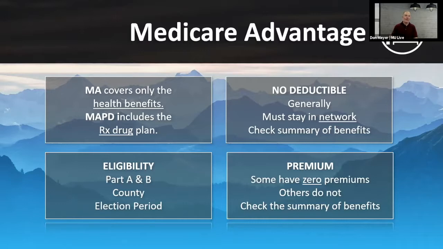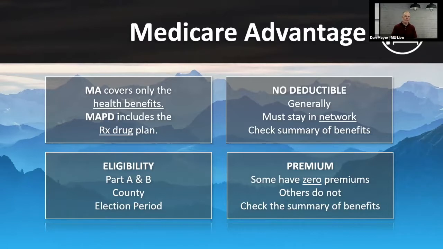You must maintain Part A and B. You must continue to pay your premiums of at least $135.50 every month for Part B in order to get a Medicare Advantage plan. The difference is that if you're on original Medicare, Medicare itself is paying those claims. If you join a Medicare Advantage plan, the private insurance company is paying those claims. So you must have A and B, all right?